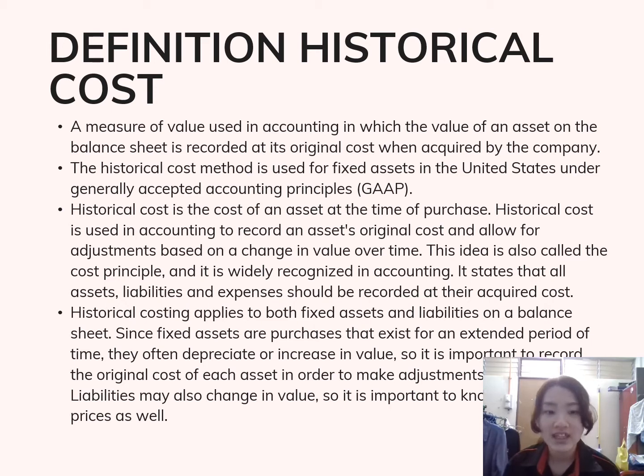Since fixed assets are purchased to exist for an extended period of time, they often depreciate or increase in value, so it is important to record the original cost of each asset in order to make adjustments later on. Liabilities may also change in value, so it is important to know their original price as well.